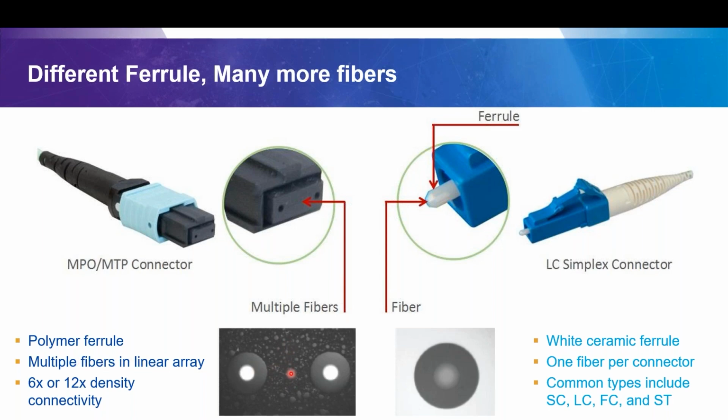It's multi-fibers in this versus just single fiber in the LC. And then it's 6 times or 12 times density, or we've got 8 and 16, 24, and 12 fibers.